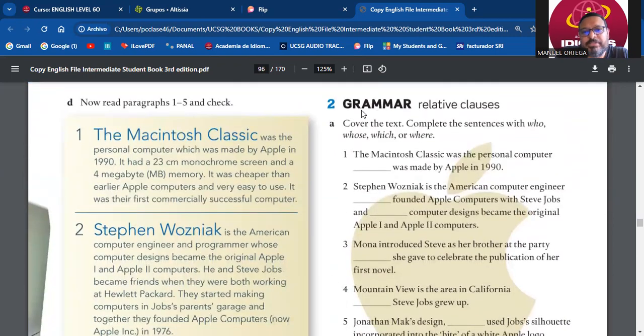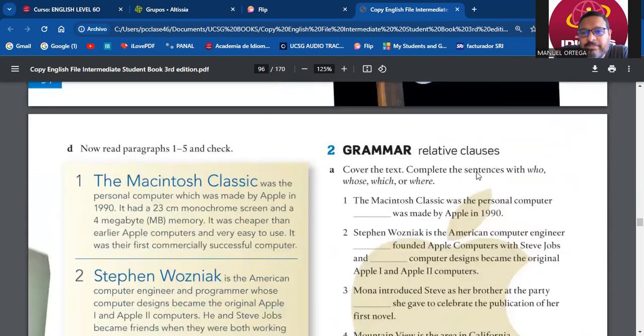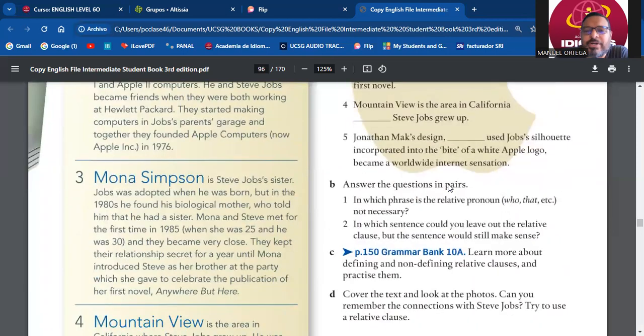Also, like we mentioned before, we're going to take a little moment to work on relative clauses. When we talk about grammar, maybe the name doesn't ring a bell, and we don't remember it by name, but once you see the examples using which, who, whose, or where, you'll find that maybe you have used them.